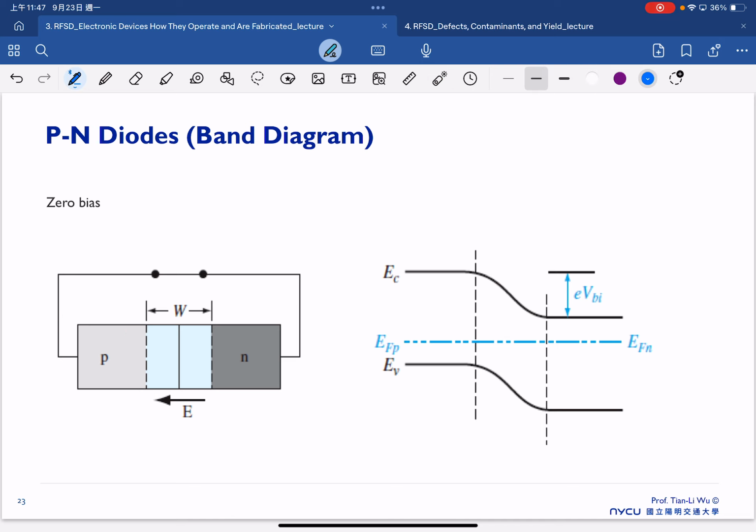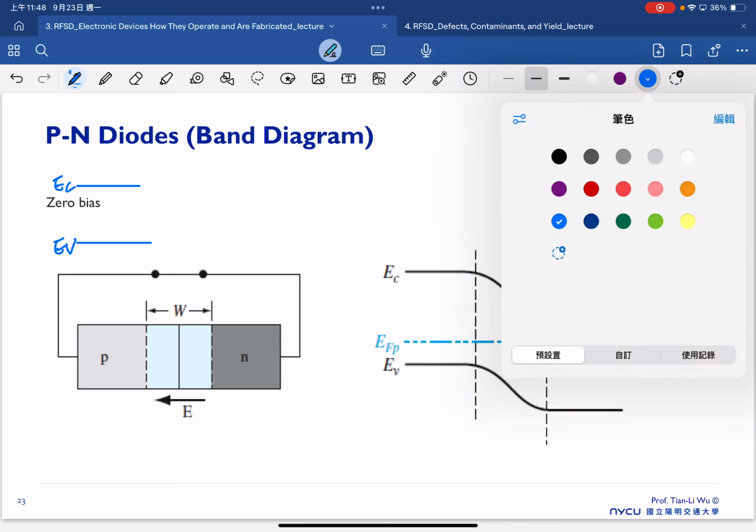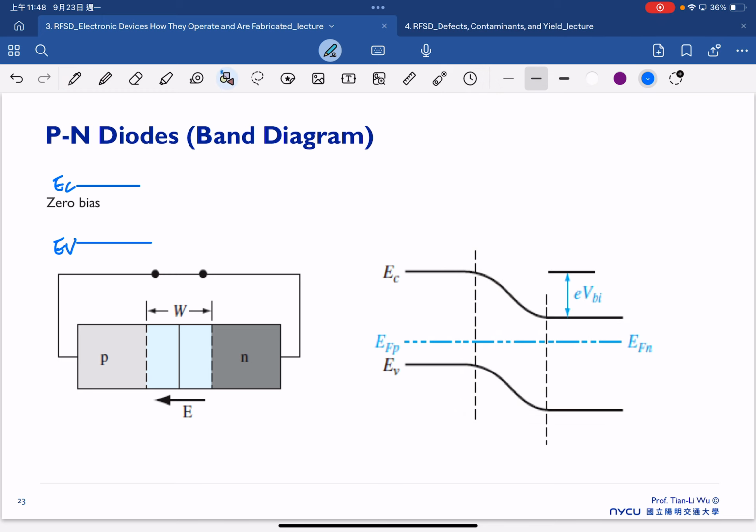If we have the EC, this is the conduction band, and this is the valence band. Because the left-hand side is a p-type material, our Fermi energy, EF, should be close to the valence band, right? So finally, if you forget all the equations, it's fine.